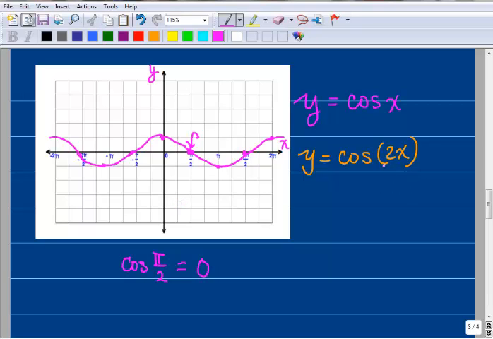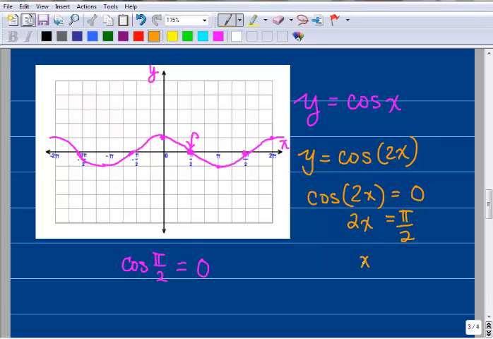When we consider the graph of the cosine of 2x, and I want to find, let's just say, the first 0 on this positive x-axis, we know that we're looking for the place where the cosine of 2x is 0. Again, we know that the cosine of pi over 2 is 0. So in this case, 2x is pi over 2.